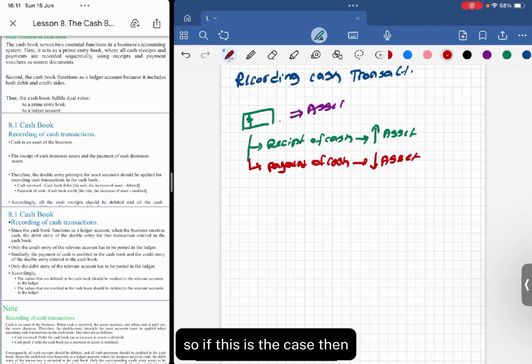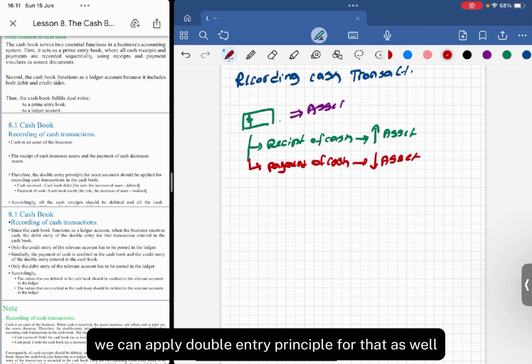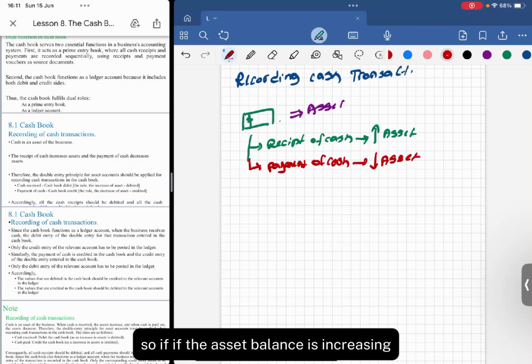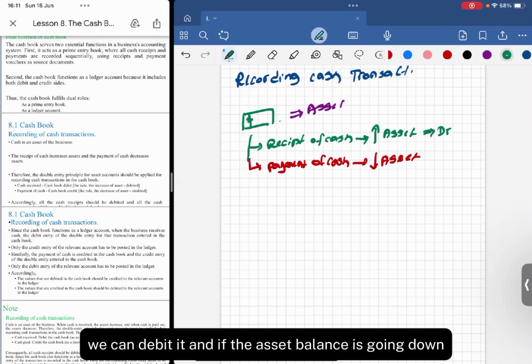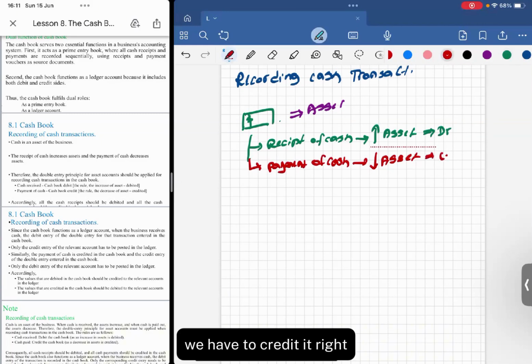So if this is the case, then we can apply the double entry principle for that as well. If the asset balance is increasing, usually, as per the double entry principle, we debit it. If the asset balance is going down, we have to credit it.